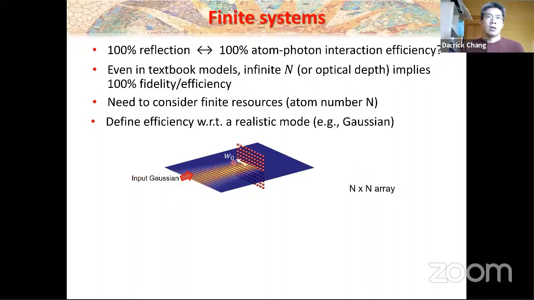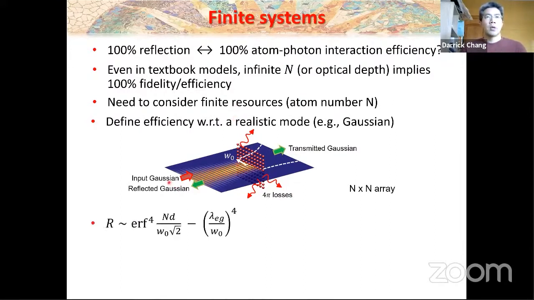I say that I can efficiently create an input Gaussian field that I can focus down to some beam waist w0. Some of that field might get reflected and I can efficiently collect it. Maybe some of the field could get transmitted and I can efficiently collect that as well. And of course, in principle, some of the light could now scatter into 4 pi because I've broken the perfect discrete translational symmetry of the system. And I have to assume that this 4 pi emission I can't efficiently collect. So effectively it serves as some kind of loss of my interface.